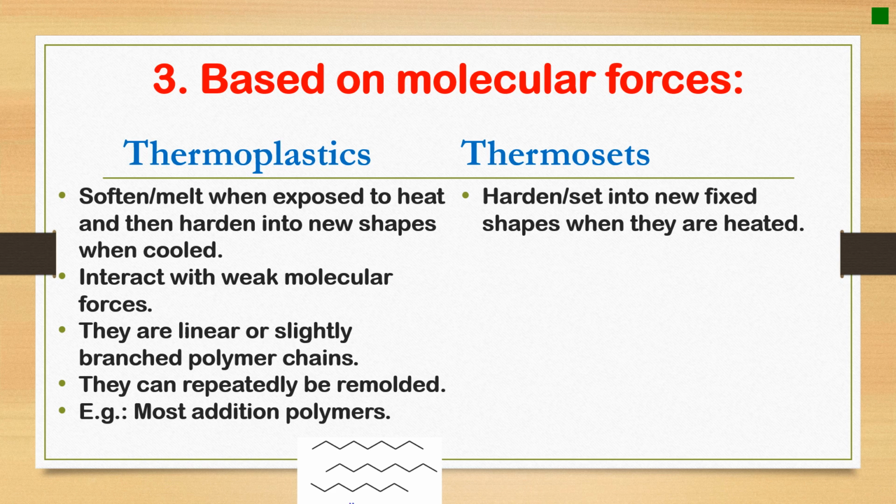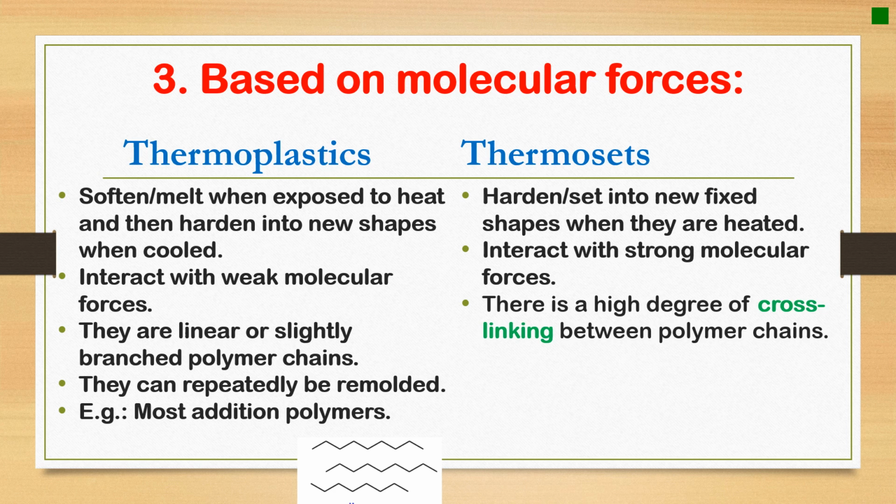The real cause of that is that the polymer chains interact with the strong intermolecular forces, and they contain a high degree of cross-linking between the polymer chains. So when you expose it to heat, there is intensification of the cross-linking.